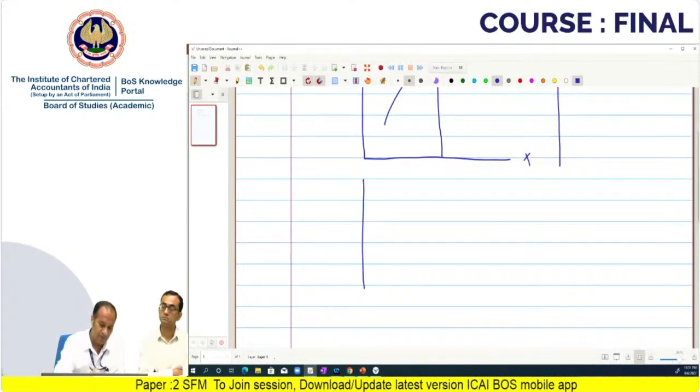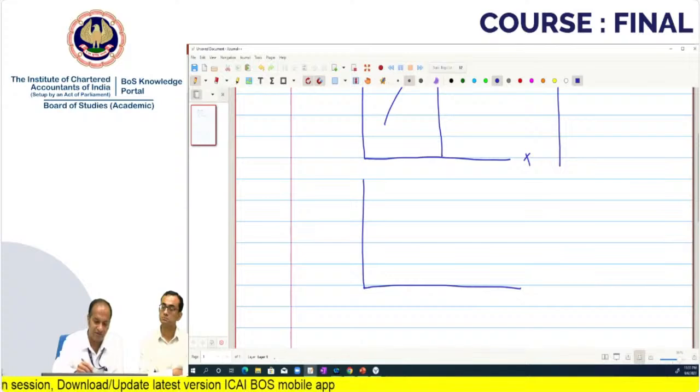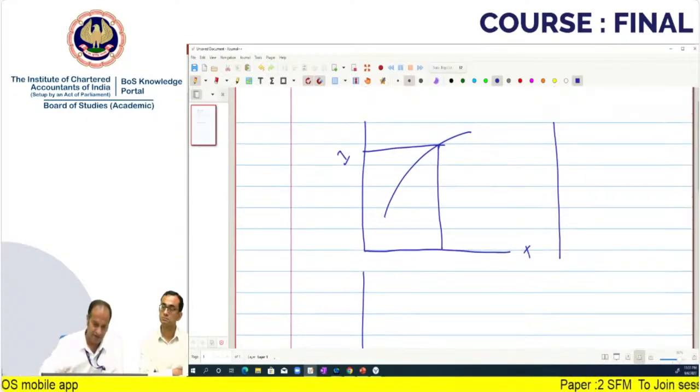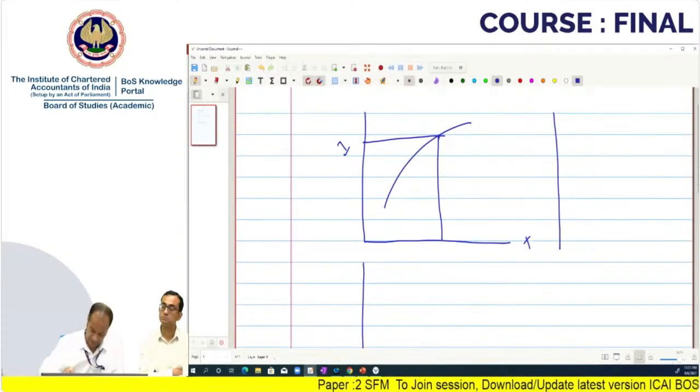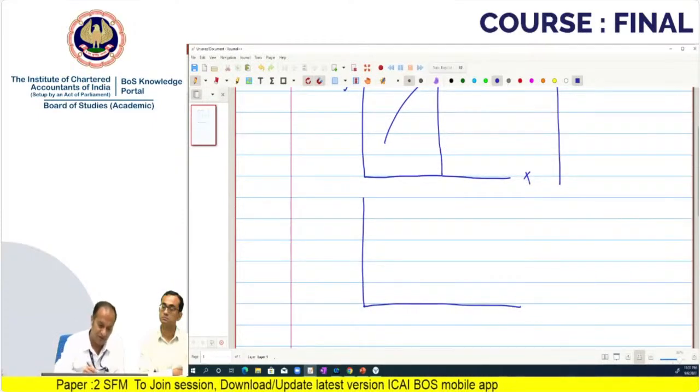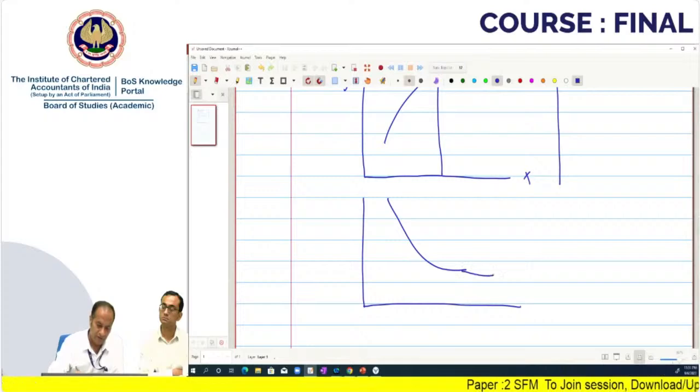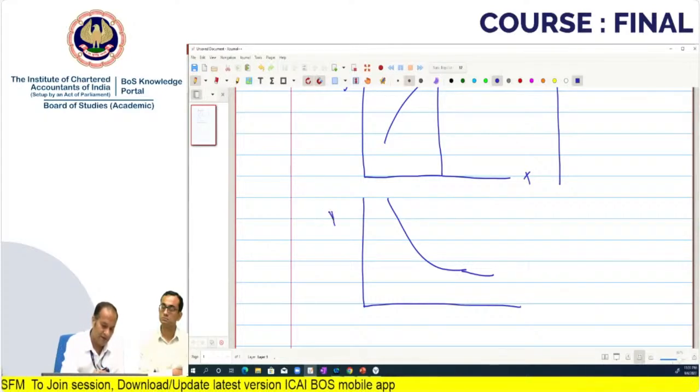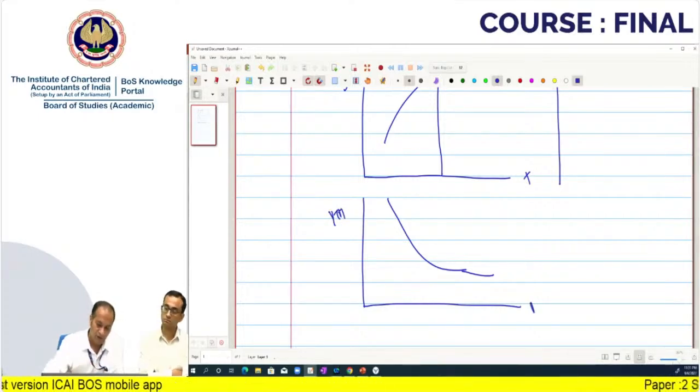No problem. The first figure was for the rising yield curve. Now here I am showing you the falling yield curve, downward sloping. Here it is the YTM and here it is the period.